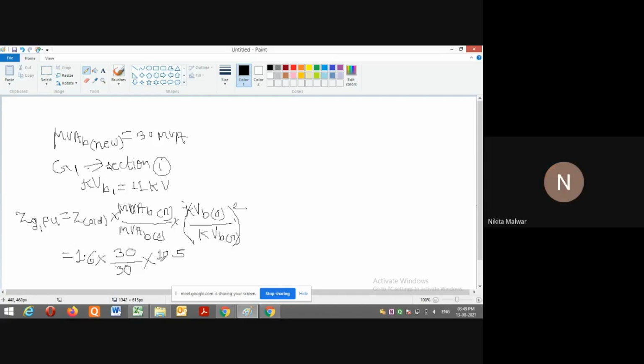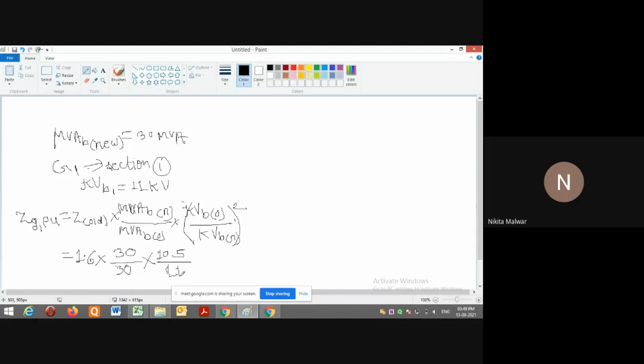10.5 divided by kV base new value. Which value will be considered? We have 3 new values for kV base, but we will consider section wise values. Our generator is in section 1, so section 1 has kV base 1, which equals 11 kV.